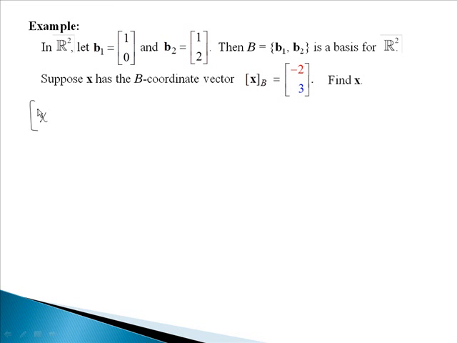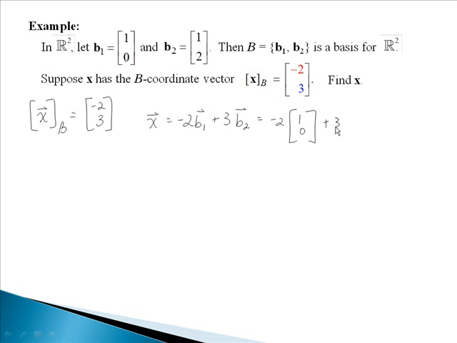So we can write x as -2 times b1 plus 3 times b2. So I have -2 times (1, 0) plus 3 times (1, 2). And when I work that out, I will get the vector (1, 6). So that is now my vector x.